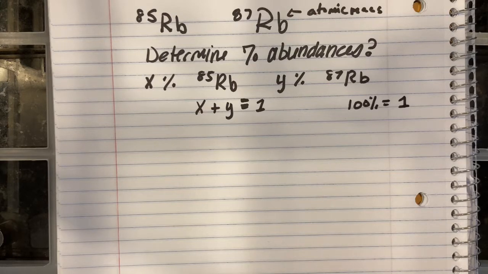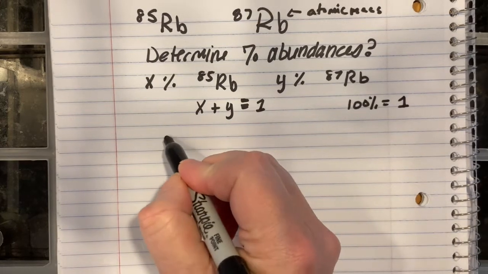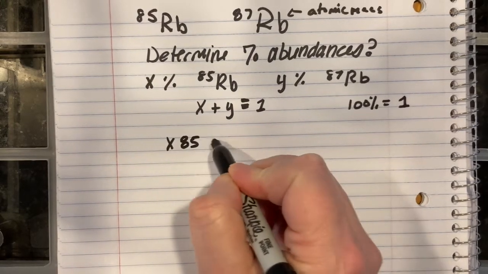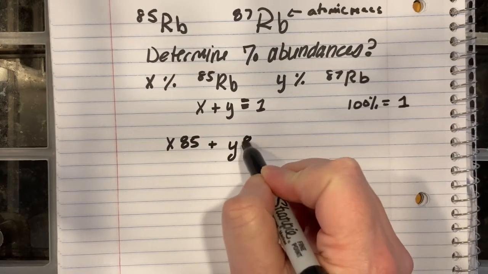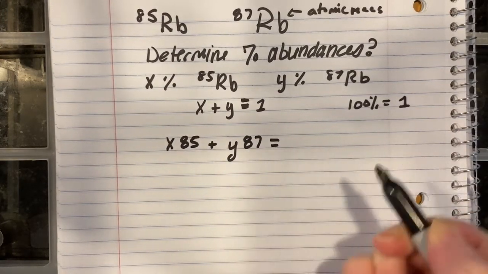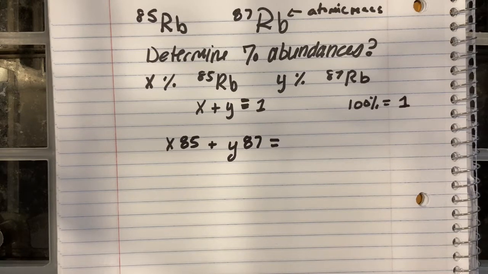And then our second equation, we use our normal equation for abundances, the decimal percent times the mass. So that would be X times 85 plus Y times 87. And we know that that gives us our average atomic mass, which is the mass number on the periodic table.